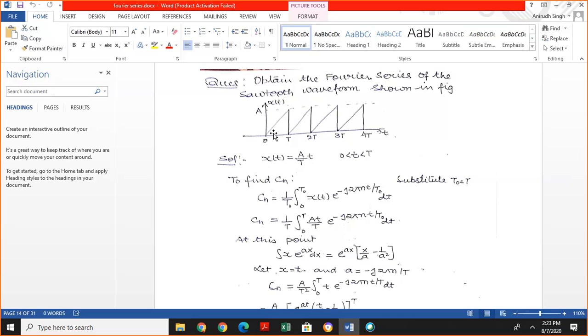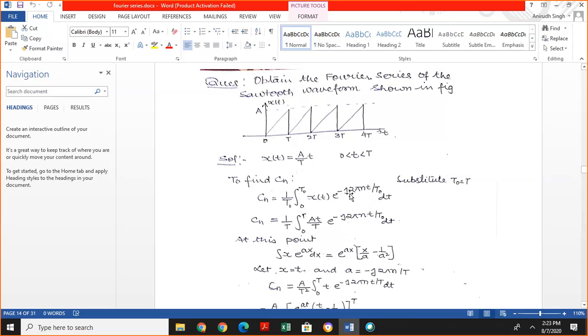So first we find the value of Cn. The value of Cn is given by 1 by T integration 0 to T x of t exponential minus j 2 pi n t by T dt. You can write this in short as exponential minus j n omega t, because 2 pi by T is omega.